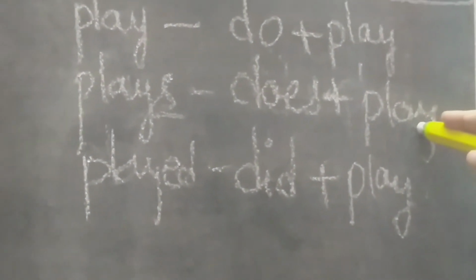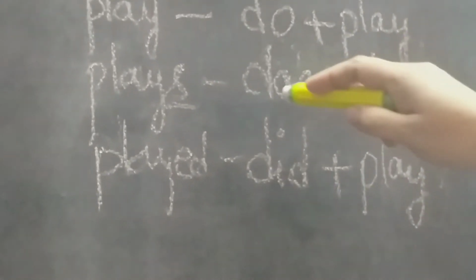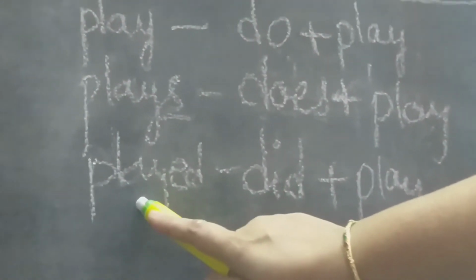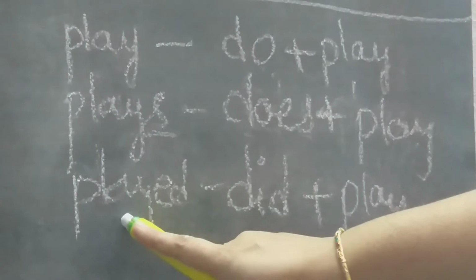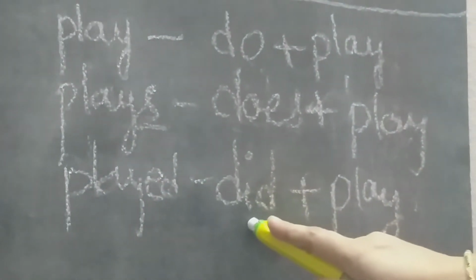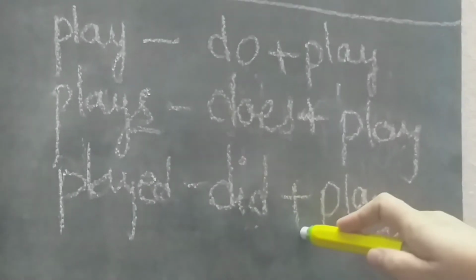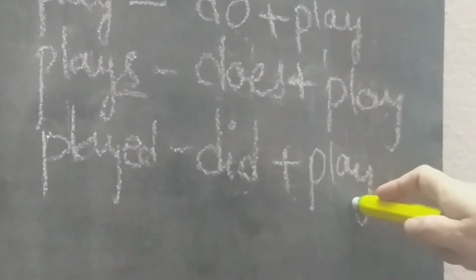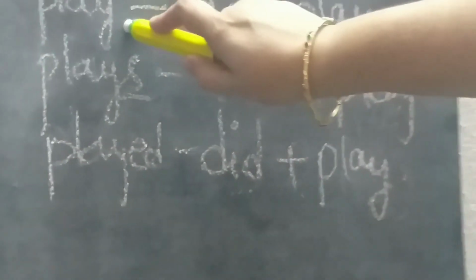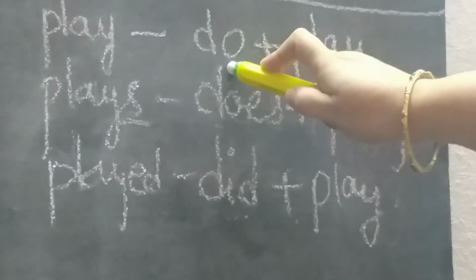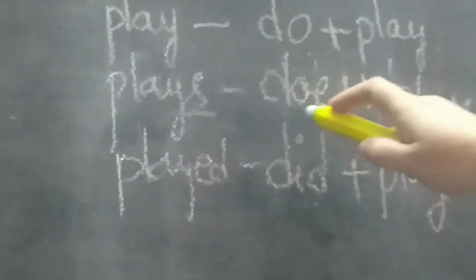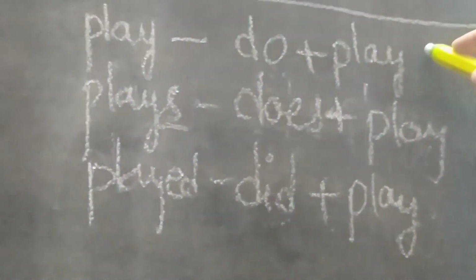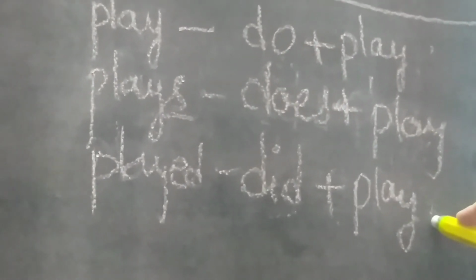Remember, you should not write plays again here. When you are writing does here, it is just play, right? If you get played, which is a past tense verb, for that you should divide that as did plus play. Did is the past tense and play is the main verb. So for play we get do as the auxiliary verb. For plays, does is the auxiliary verb. For played, did is the auxiliary verb. And the main verb will be play for all the three.